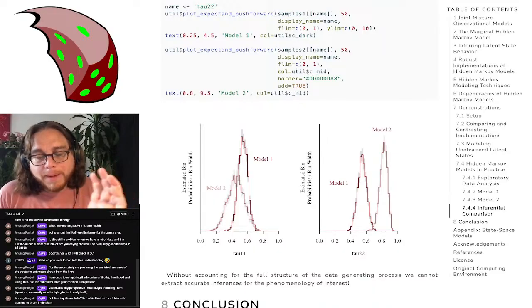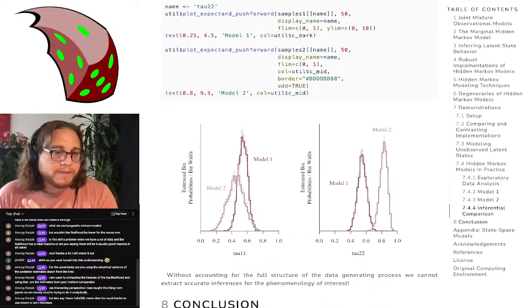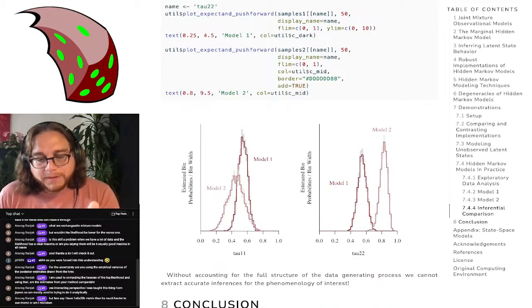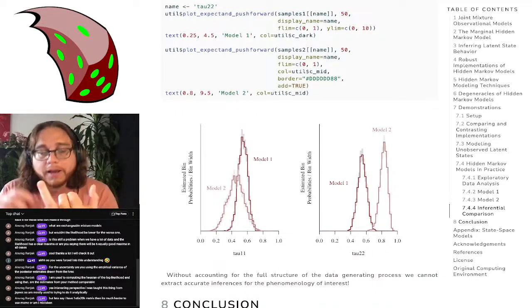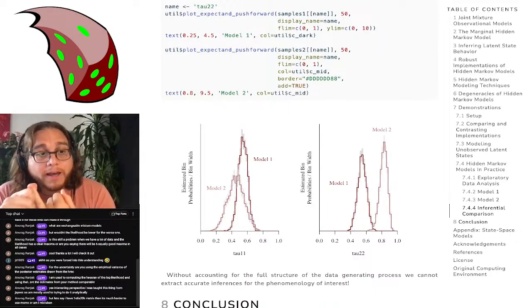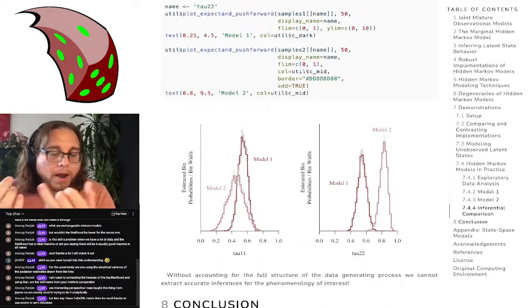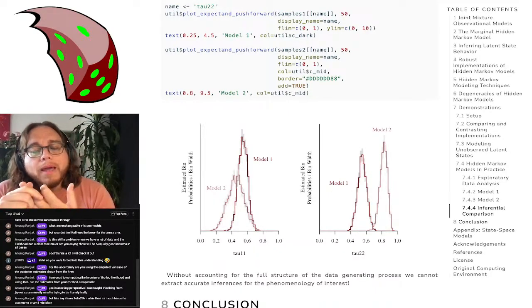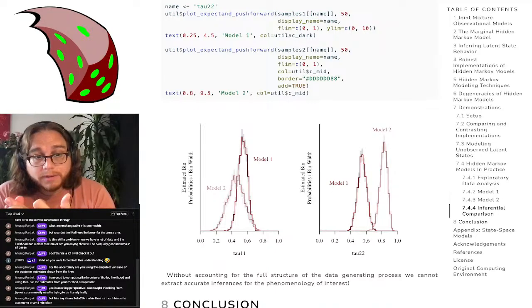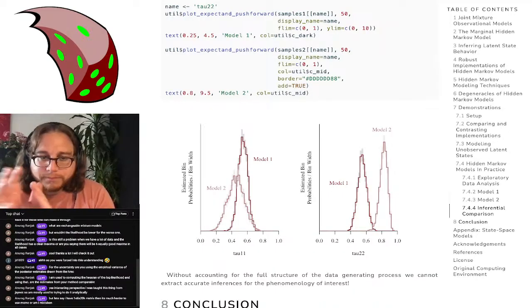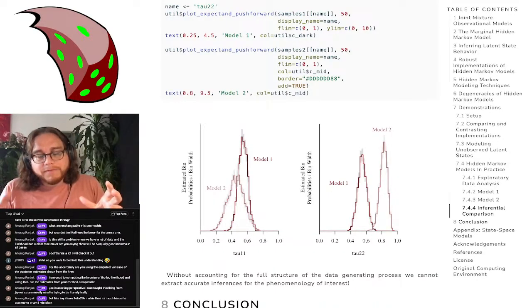So the thing to keep in mind with Hamiltonian Monte Carlo in particular, as opposed to MCMC, I'm just going to refer to HMC specifically, the cost of HMC depends on three things. It depends on how expensive it is to evaluate your model and its gradient, how many of those gradient evaluations you need per iteration, and then how many iterations you need. Usually, because HMC is adaptive, we can fix the number of iterations.